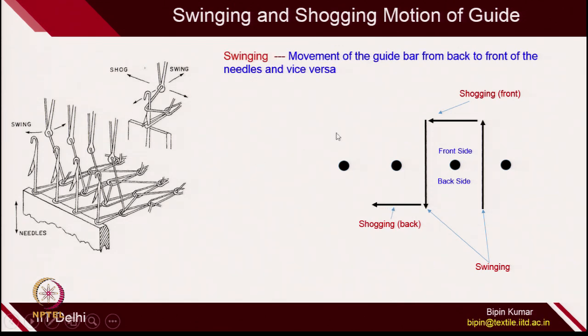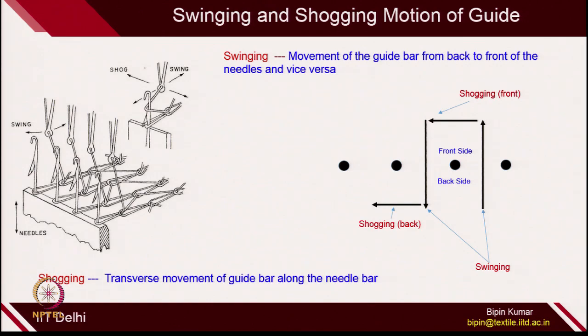Swinging motion is the movement of the guide bar from back to front of the needle and vice versa, which you can see by the arrow, and shogging motion is the transverse movement of the guide bar along the needle bar. So, there are two shogging motions depending on the position, one on the front side of the needle, the other on the back side of the needles. If I want to explain by the needle blocks, let me show you.